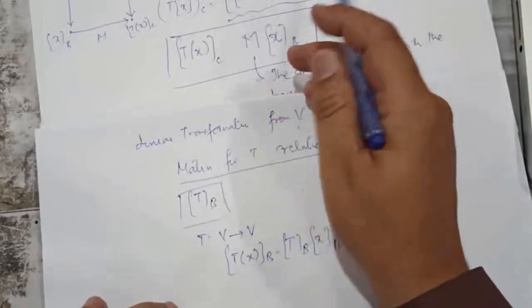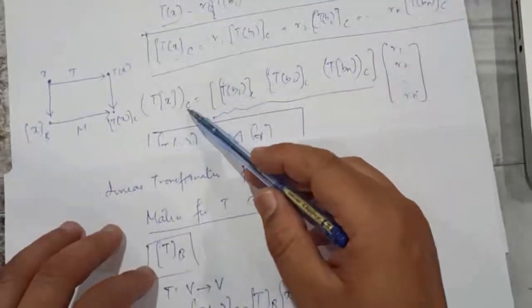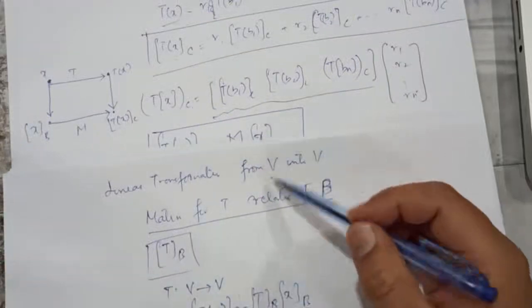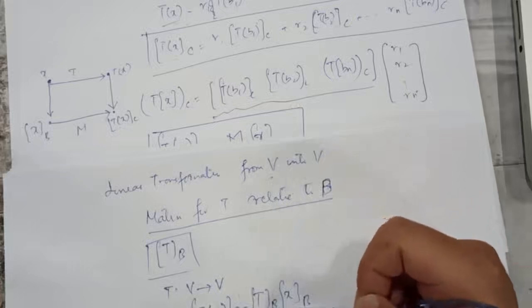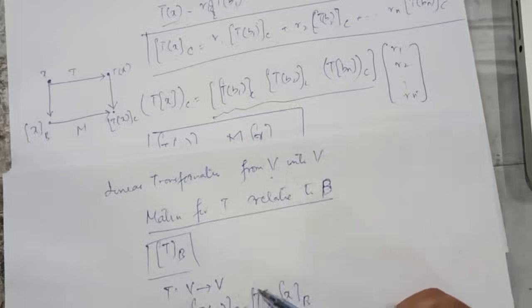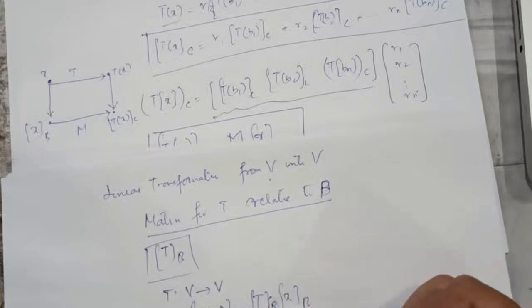So you remember this equation, this matrix here. Because B and C are the same, this is Tx of B, right? And now this T of B, which equals M, that transformation matrix, has to be represented in terms of the basis B. This is quite important.